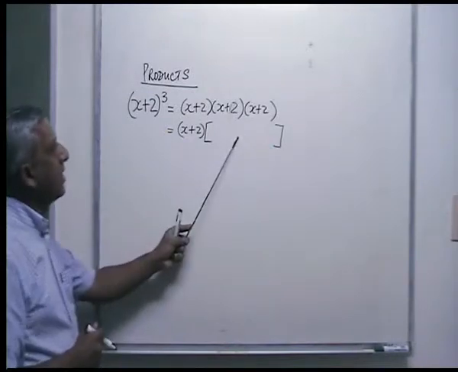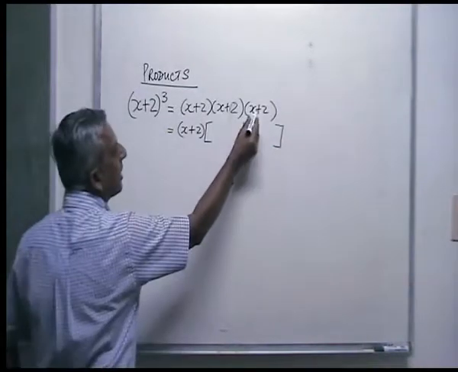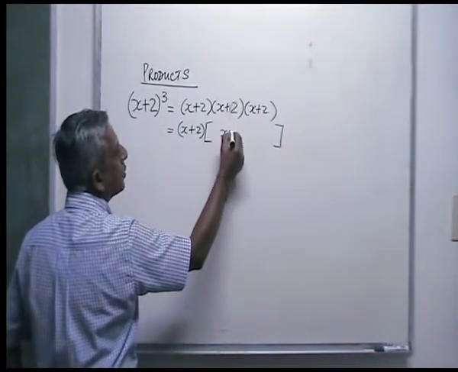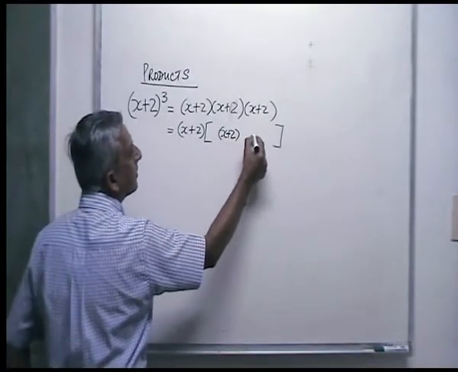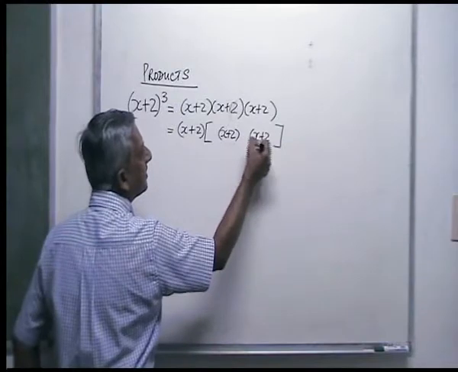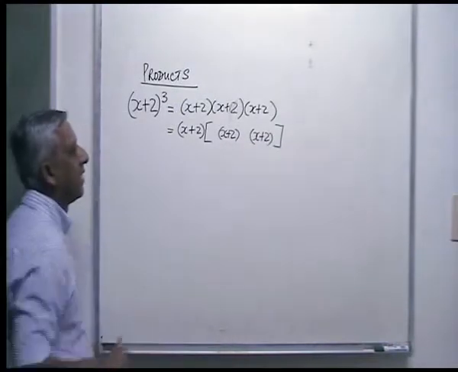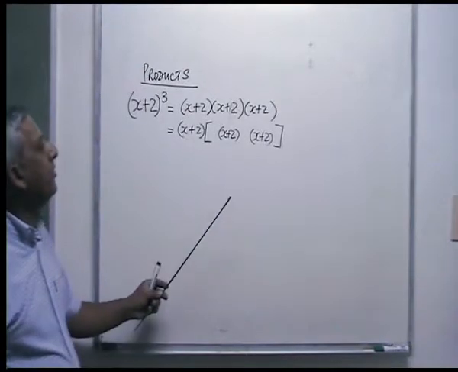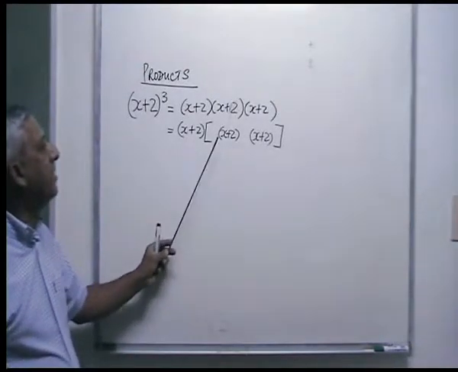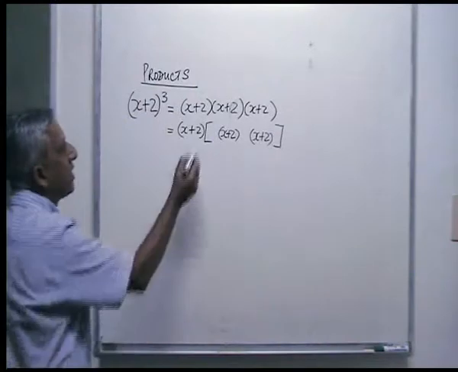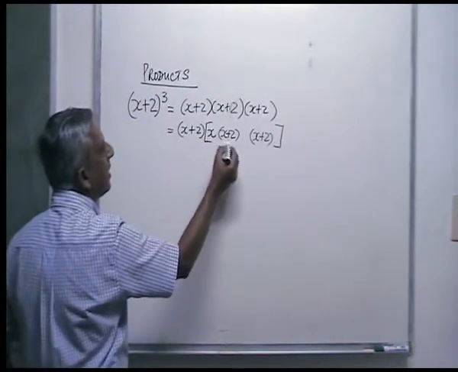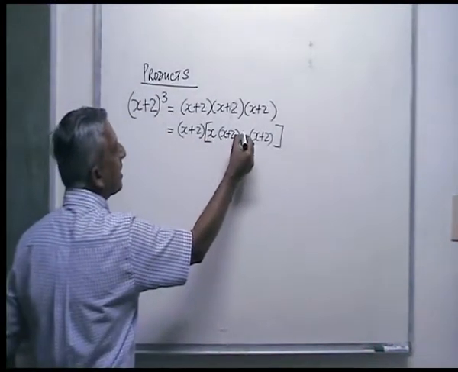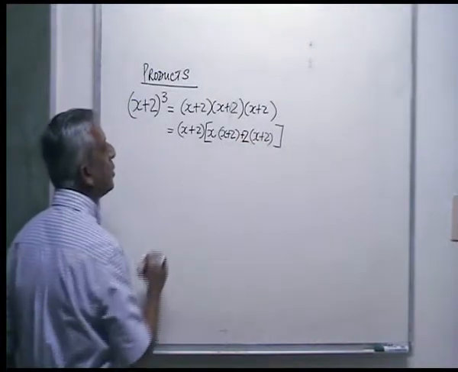Now, inside here, you have to write that second bracket 2 times. So do that. I'm waiting for you to finish that. Okay. So you have finished that. Then in front of this, you must write x, and in the space here, you must write plus 2.